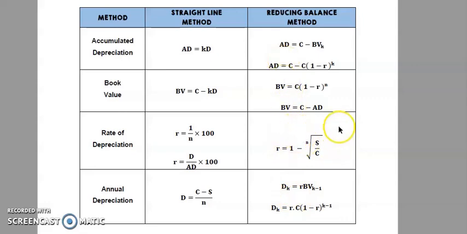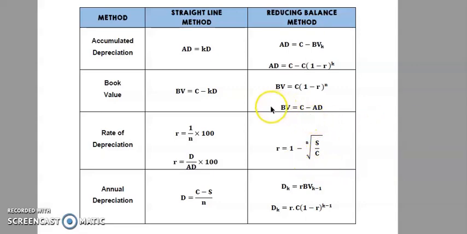If you don't have value R, the annual rate of depreciation, we cannot calculate book value, accumulated depreciation, or even annual depreciation. So first thing, remember, in reducing, we need to know value R. So R equals 1 minus the N-th root of S divided by C.